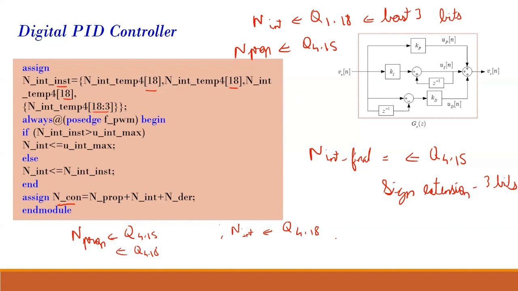So what Sir has done in his code is, instead of making n prop Q4.18, he made his n integral Q4.15, and then he added both of them. So in the integral part, he ignored the last 3 bits because you can ignore them. They are very small, like 2 raised to minus 18. Such small values he ignored. So that is the code for digital PID control.